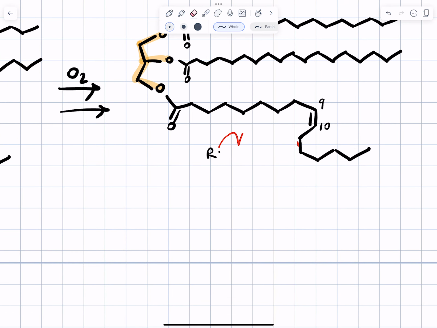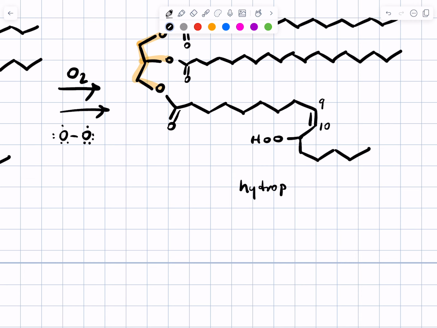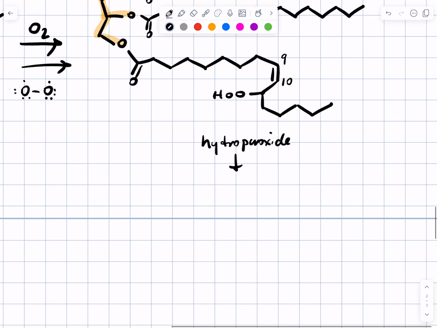But the resulting radical can go on to react with molecular oxygen, which itself is basically like a diradical, and ultimately give this organic peroxide, or what's called a hydroperoxide, which can undergo subsequent oxidation products, none of which taste or smell very good.